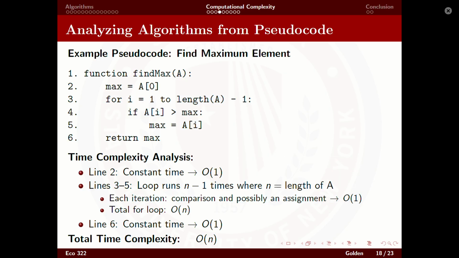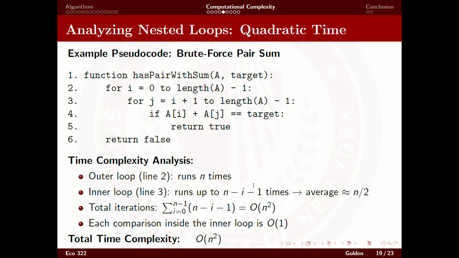Each iteration's comparison and assignment runs in constant time, and then return max runs in constant time. So this is O(n) because you have a loop that runs n minus 1 times, which as n goes to infinity goes to n.